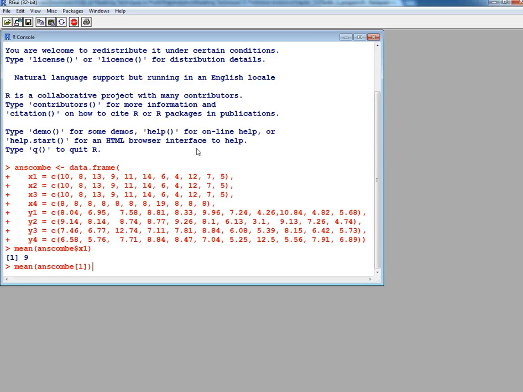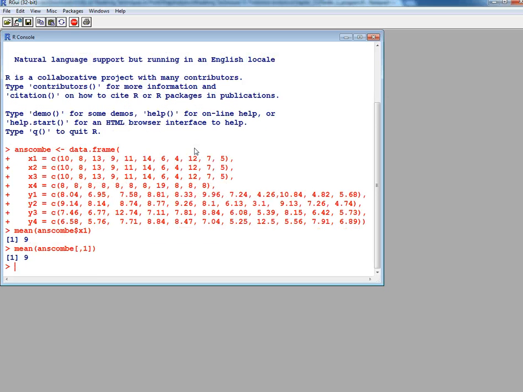That should work, right? No? You need the comma before. Oh, right, thank you. I want the comma before. Okay, this should work, right? This should give you the first column and then the mean of that.